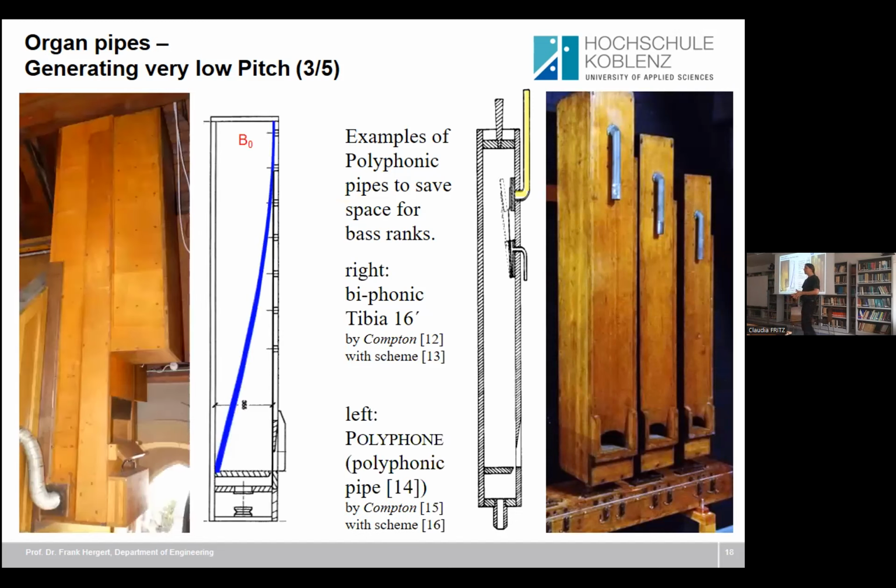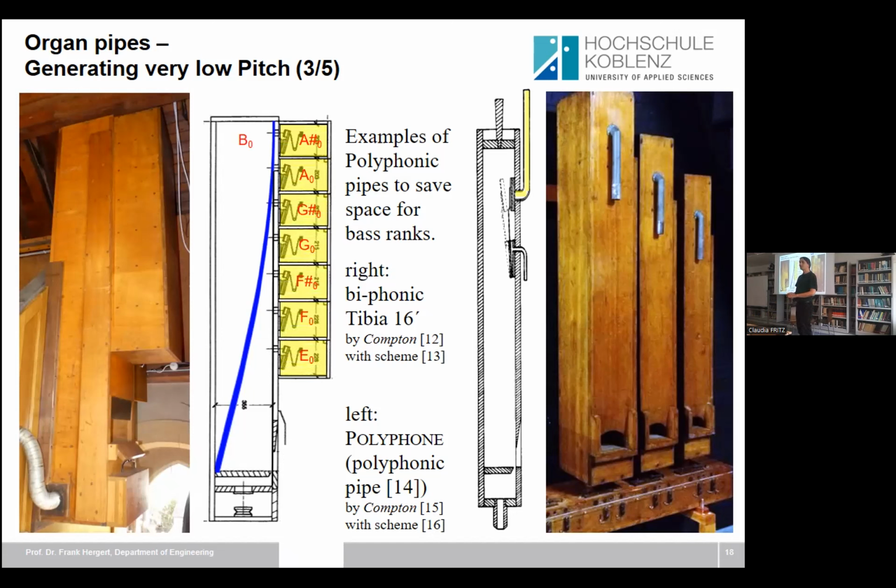And you can employ this. On the left side, you see such a pipe, which has 7 chambers attached to it, all with valves. This is a cross-section. This shows the pressure distribution of the sound wave. And what you can do now is that you open valves and attach these chambers.